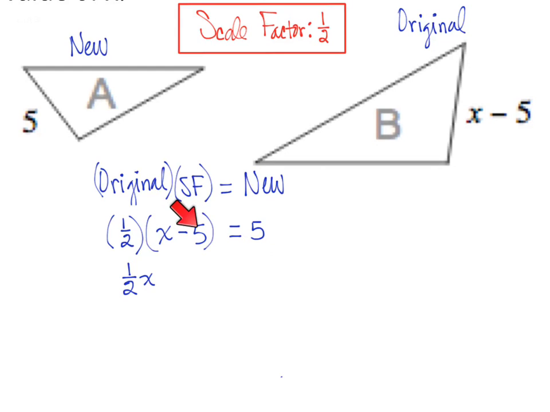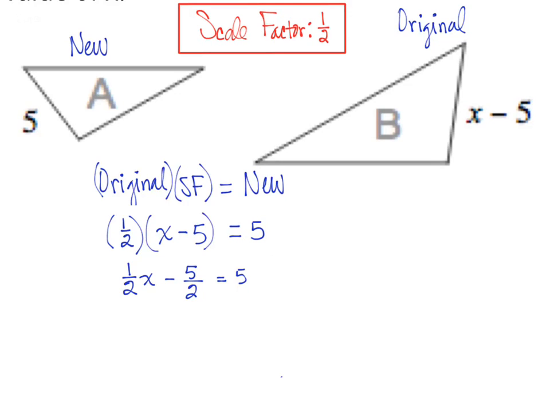Half of 5 is 2.5. So this is going to be 1/2 times negative 5 would be negative 2.5. I could also write it as negative 5/2, right? Equals 5.